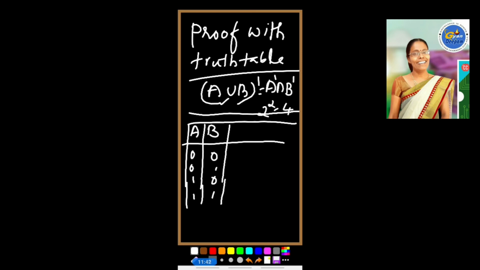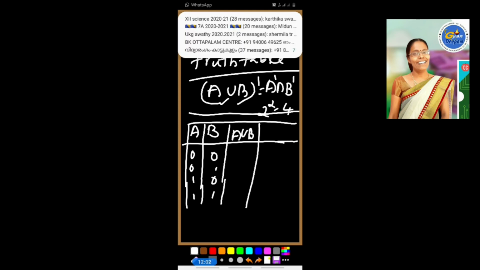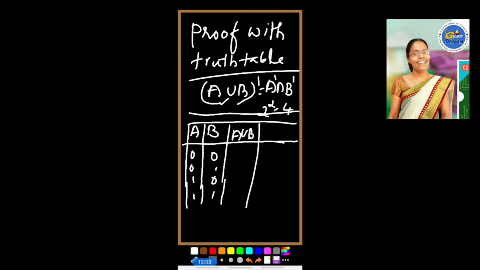I need to find out A union B first, that means logical addition. A union B whole complement I have to find out. Then next A complement and B complement. Then I have to show that the resultant column of A union B whole complement and A complement intersection B complement, those two columns are getting the same result.